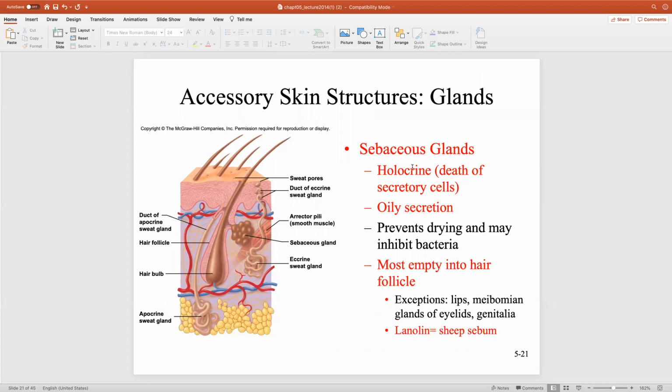Sebaceous glands are types of holocrine glands. Sebaceous glands are over here. Cells produce the content, then the cells that produce the content die off, and a combination of dead cells and the content gets moved into the hair follicle. Now, the secretions here are really oily.